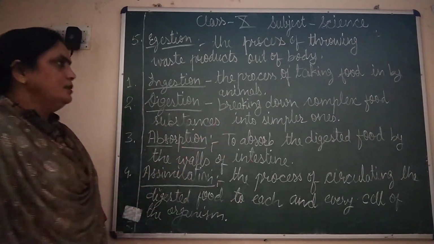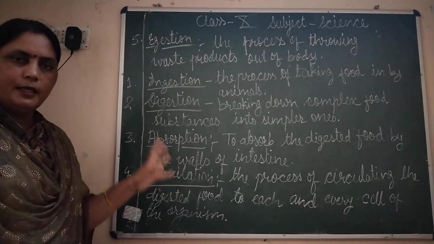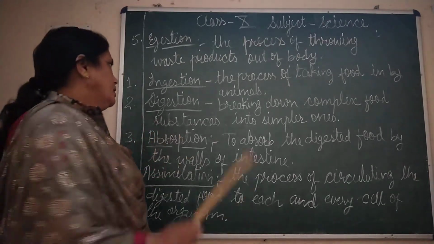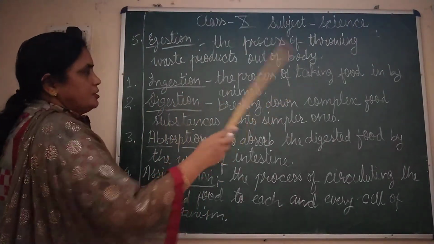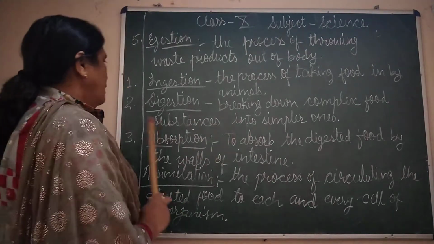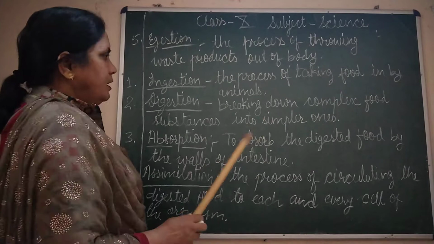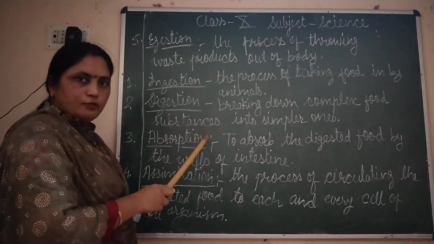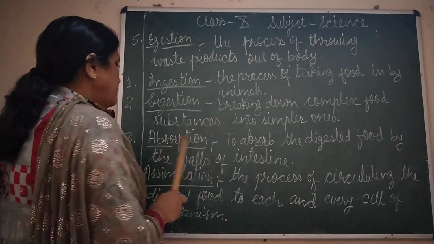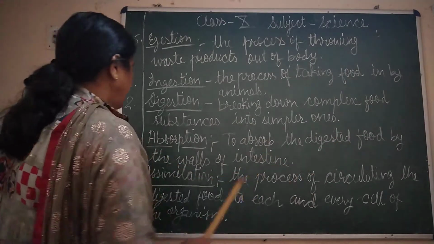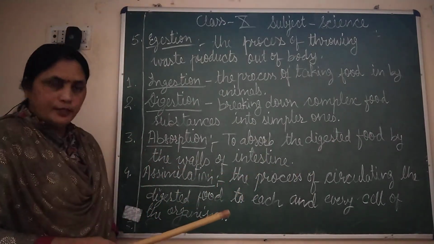First is ingestion. Nutrition in animal can be divided into 5 steps. First is ingestion, the process of taking food in by animals. Digestion, breaking down complex food substances into simpler ones. Absorption, to absorb the digested food by the walls of intestine.